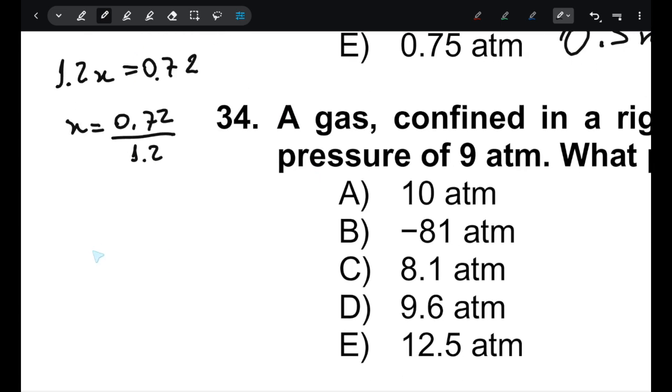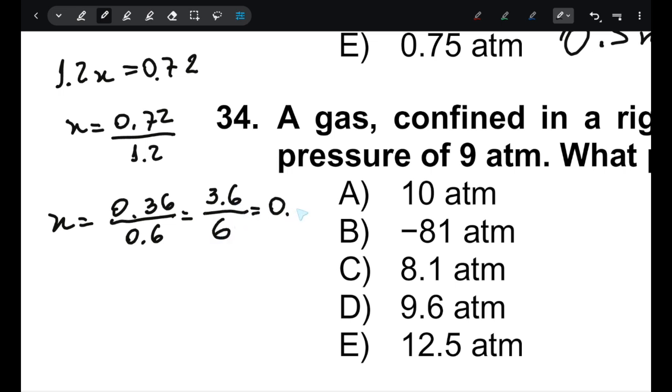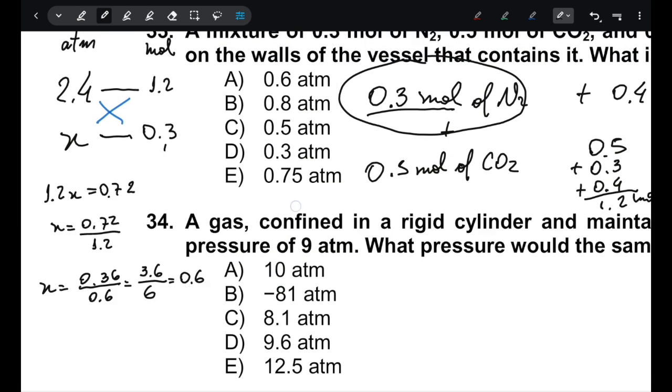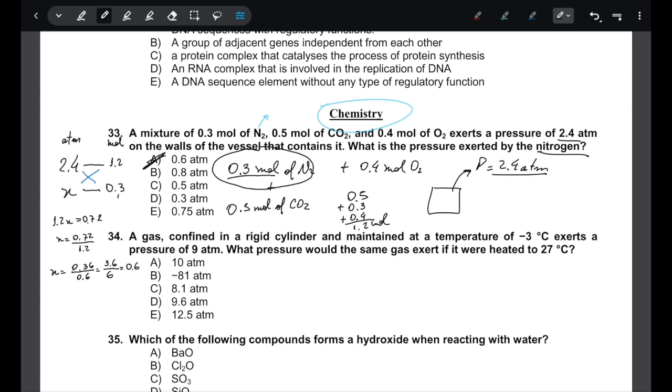If we divide both numbers by 2, we're going to have 0.36 divided by 0.6. If we multiply both numbers by 10, we're going to have 3.6 divided by 6. This is going to be 0.6. The answer is going to be 0.6 atm.